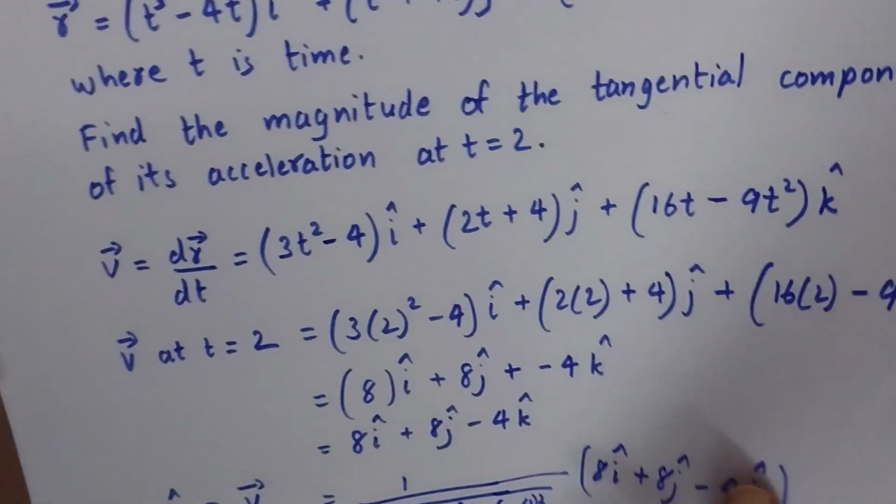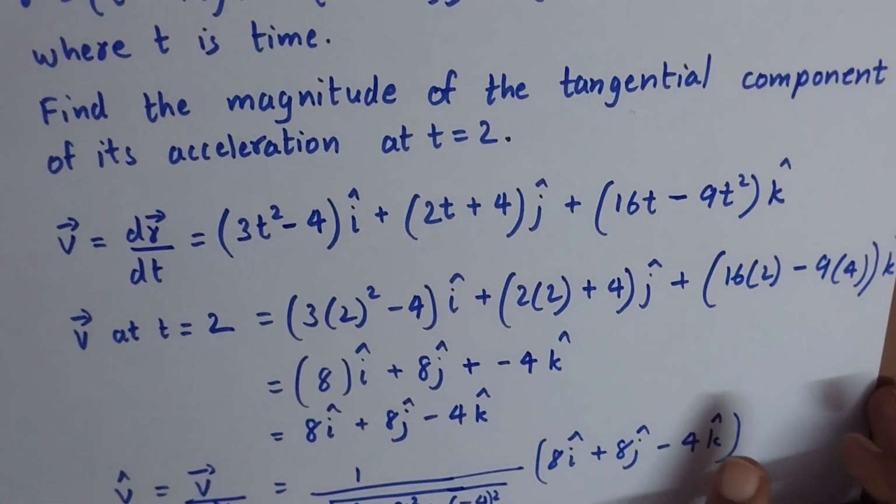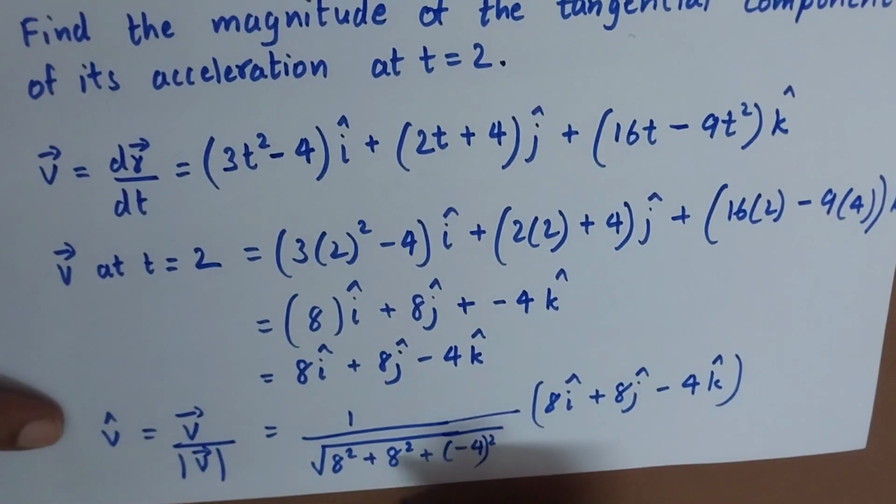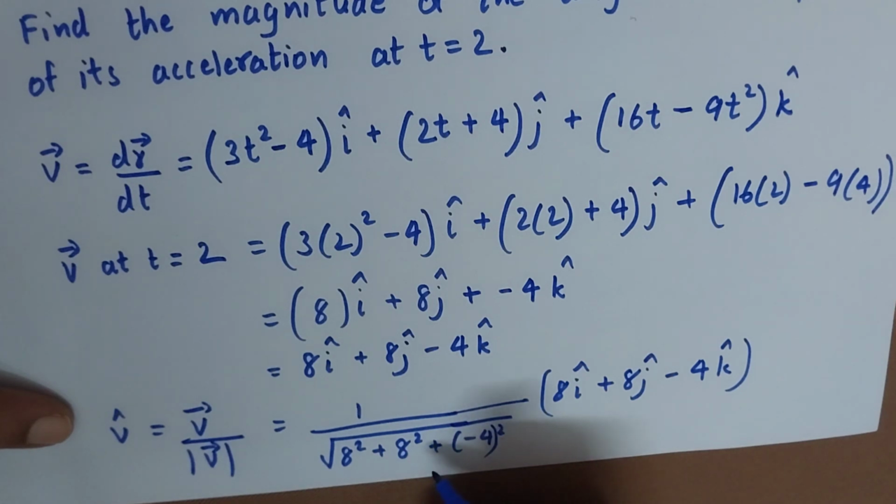So when we simplify this, 8 square plus 8 square plus minus 4 the whole square is 144. The square root of 144 gives 12.